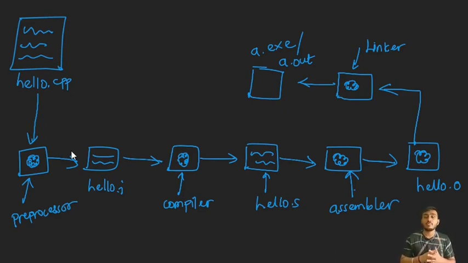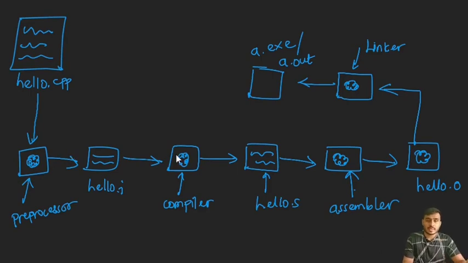It is also called a middle level language. So basically the compiler converts our high level language code into middle level language code, and that code is written in assembly language, and the name of that file is hello.s. Okay. So when this hello.i file goes as an input to the compiler, it will create an output file that is hello.s, and hello.s is an assembly file.